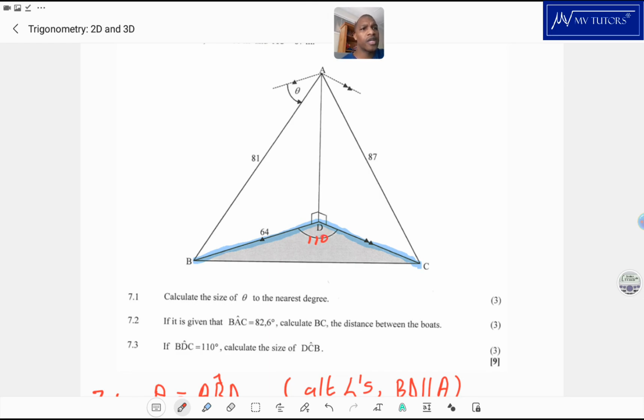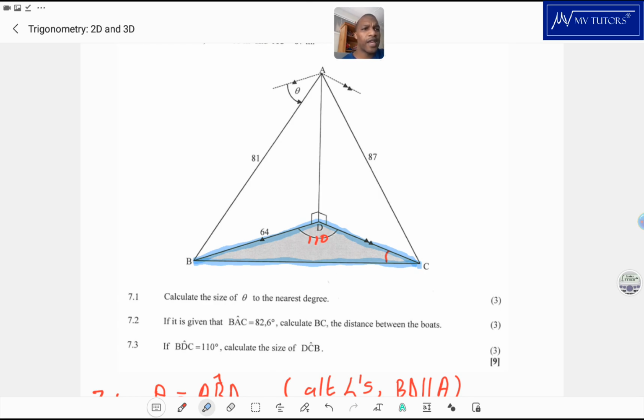Then it says calculate the size of DCB. The triangle we're working with is the triangle at the bottom. So what do we have here?